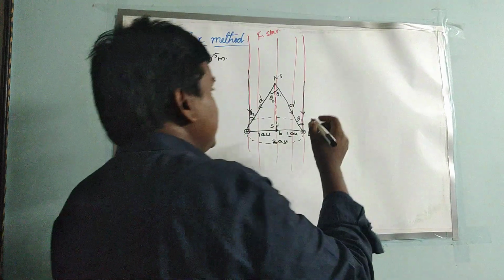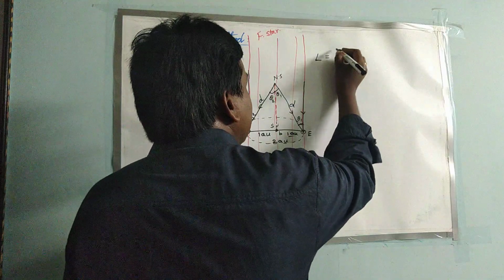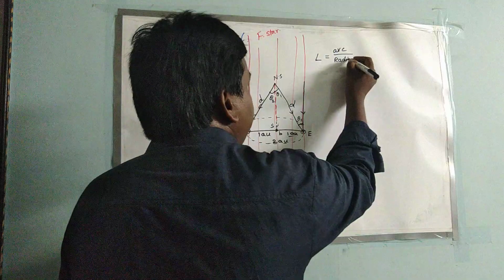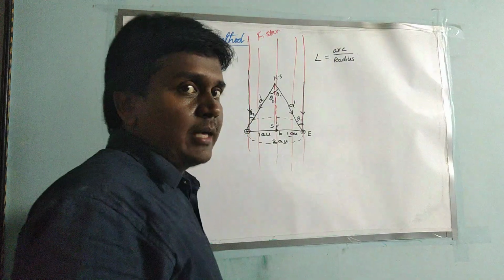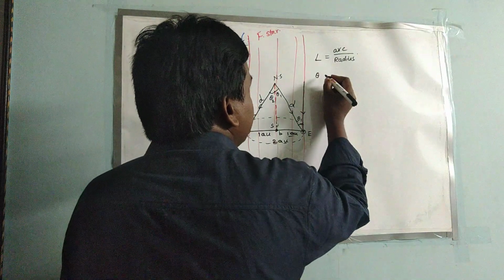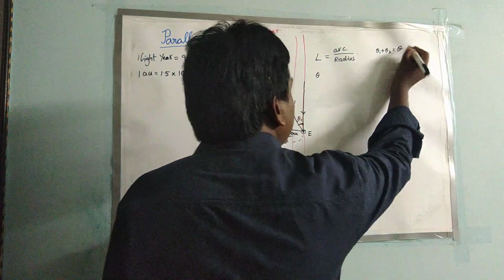Now if I consider the formula, angle equal to arc by radius. Here what is the angle? Theta is the angle. I am considering that theta 1 plus theta 2 is equal to theta.